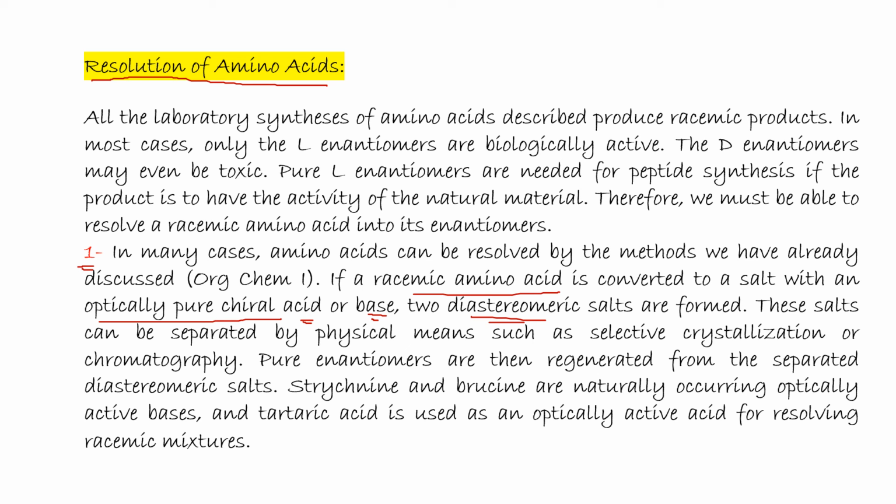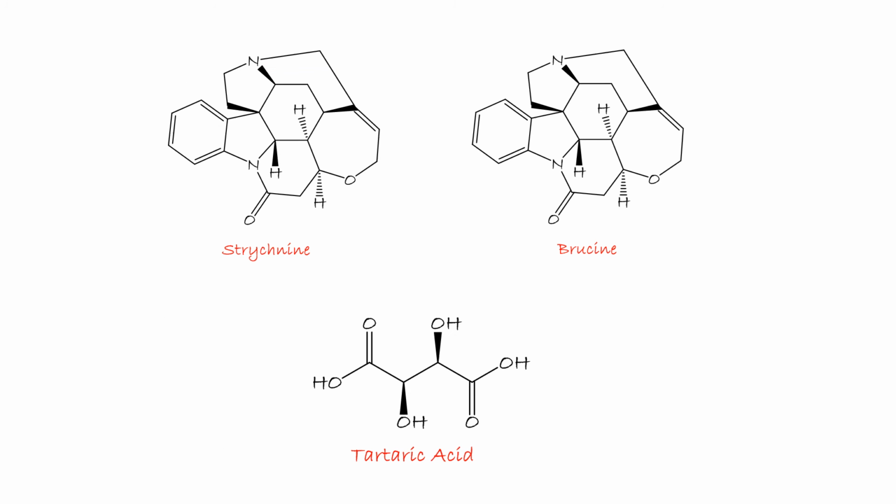We have mentioned that in detail in Organic 1. Here we have examples of naturally occurring pure chiral bases, two examples, and tartaric acid as an optically pure chiral acid.